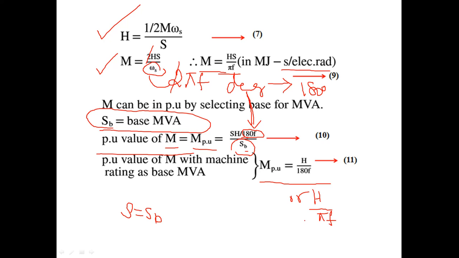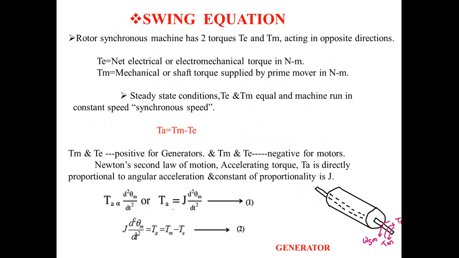Okay, so this is in degree mode and this is in radian mode. Okay, so this is the formula to find the dynamics of synchronous rotor, the moment of inertia in per unit. Okay, so next topic is swing equation.